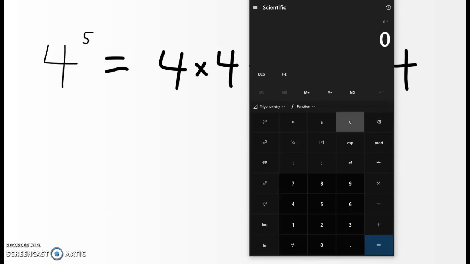So the way I would use that button in a calculator, if I was doing 4 to the 5th power, I would hit 4, which is my base number. I would hit that exponent button, or the caret button, and then I'd type in my exponent, which in this case is 5. So when I hit equals, it's going to tell me what 4 to the 5th power is. And you see it gives me the same answer of 1024.